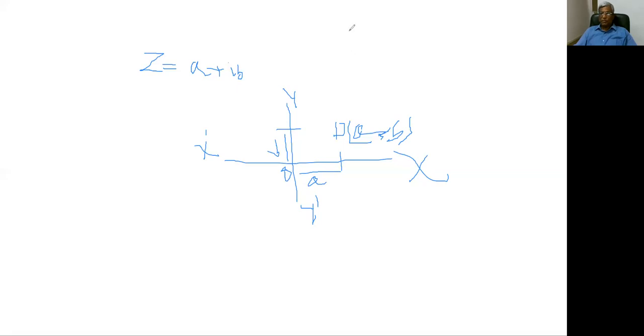Now I am deleting all these diagrams, and I am giving you another tip. You see here, z is equal to a plus iota b.